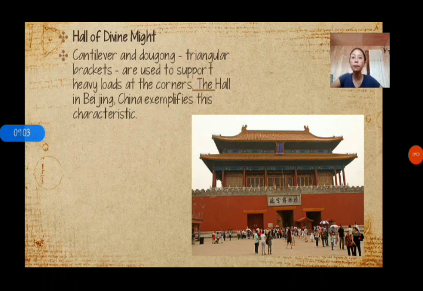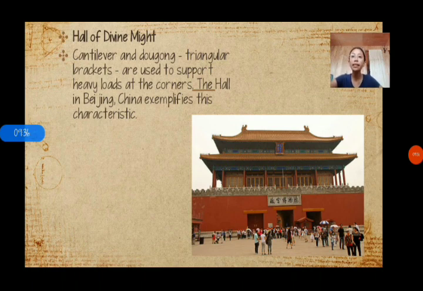When we say corbel brackets or dougong, they are triangular braces that help support heavy loads at the corners. So, it is an aid to the extension or overhang so that it does not go down or collapse, because they use corbel brackets or dougong. An example of this is the hall in Beijing, which exemplifies this characteristic.